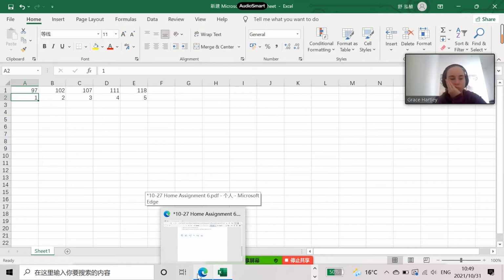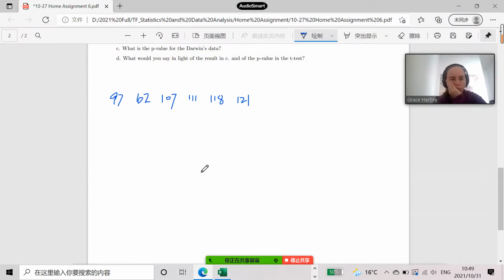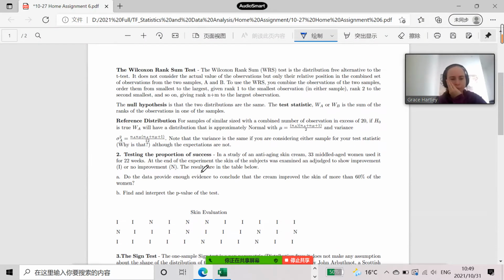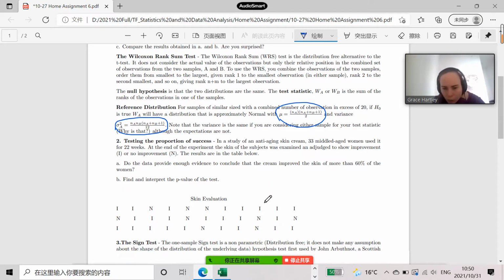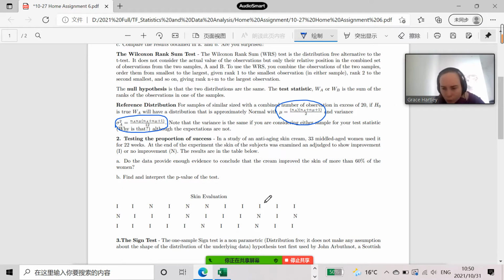But in the sense of the formula, if you can see this mu and variance, those are basically the formulas of this rank test, and you can prove them more easily than the formula of the t-test actually.